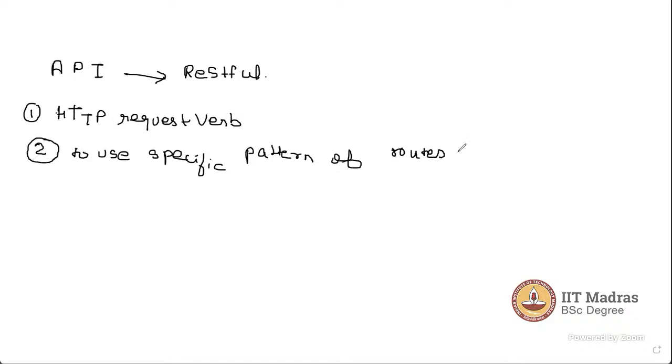We can't use just any routes or endpoints. If you talk about RESTful APIs, there are some particular, specific endpoint URLs. These are the two most important things we should remember to make any API RESTful.